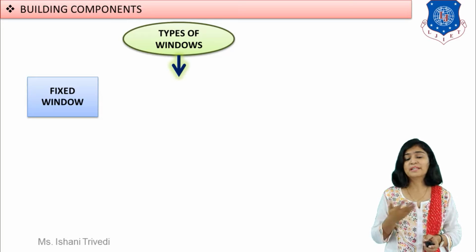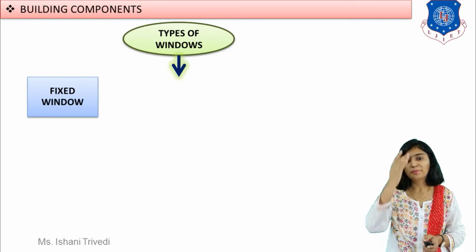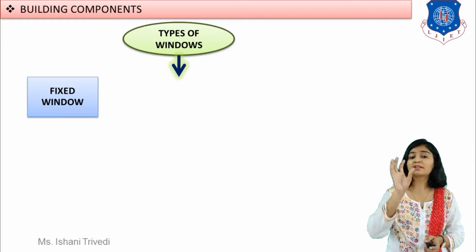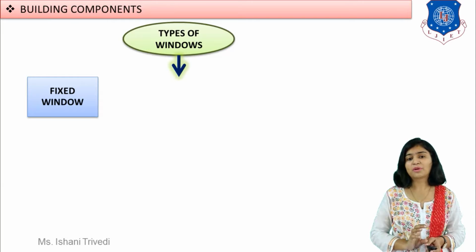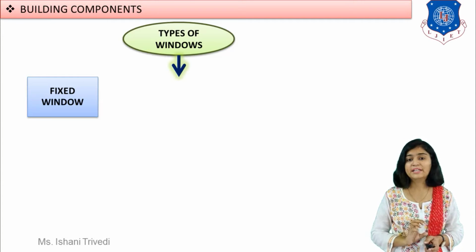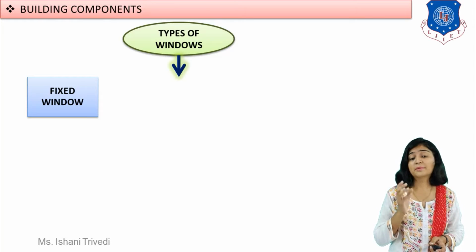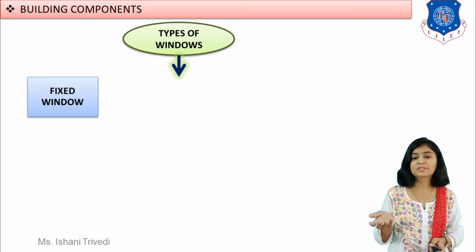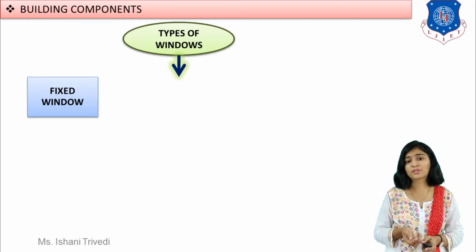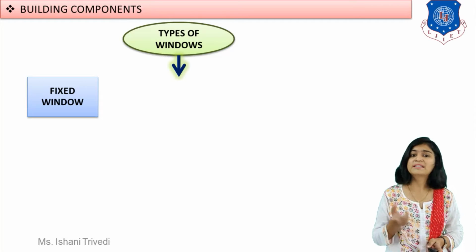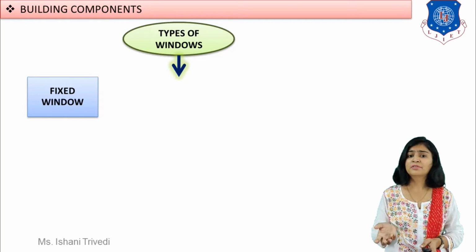If you have a basement in your building, you would see certain small openings provided for the purpose of ventilation. The same is also provided in bathrooms, in public buildings, and in WCs, that is water closets. So basically it is one type of a window.